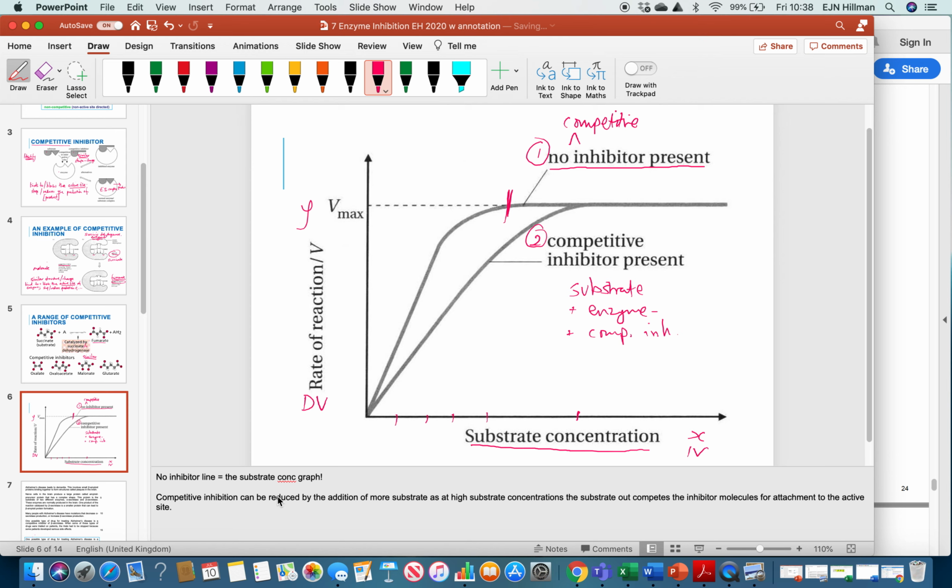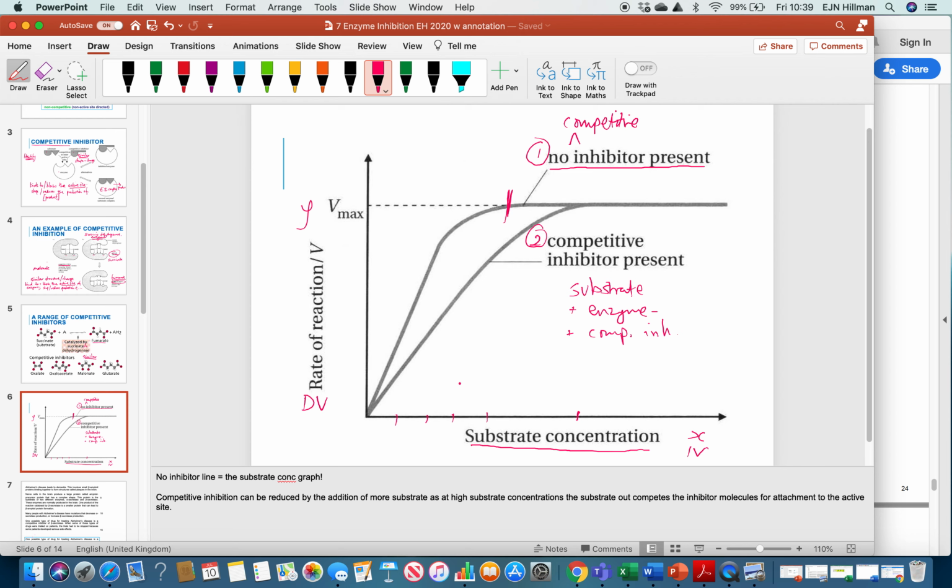Okay, so competitive inhibition can be reduced with the addition of more substrate, as at high substrate concentrations, the substrate outcompetes the inhibitor. The substrate binds to the active site of the enzyme, and the products are formed after the enzyme substrate complexes have formed.